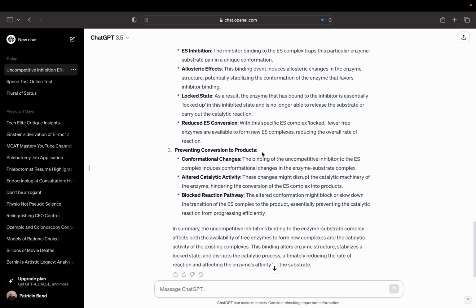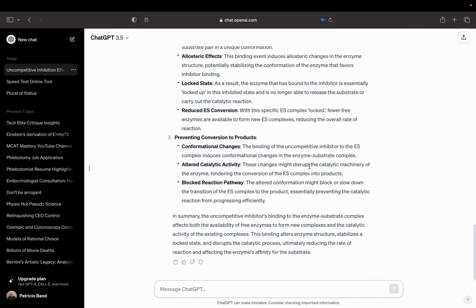The binding of the uncompetitive inhibitor induces conformational changes. These changes might disrupt the catalytic machinery, hindering the conversion of ES complex into products. The altered conformation might block or slow down the transition into products. Okay.